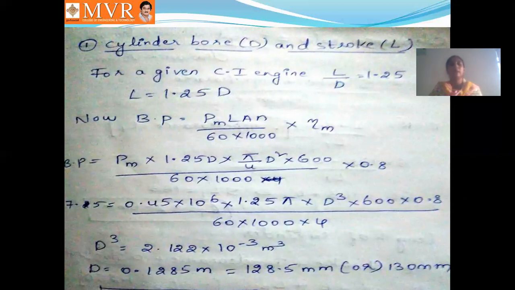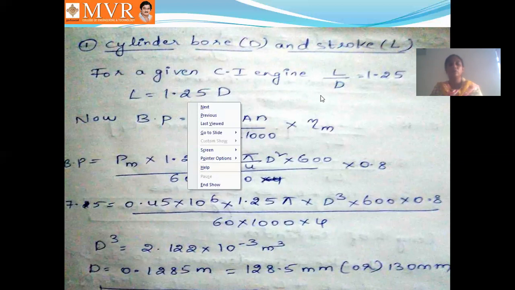Into the mechanical efficiency, which they have also given. P_m into L, we can write as 1.25 D. The area we calculate as pi by 4 D square. Small n, the number of strokes, they have given as 600, by 60 into 1000 into 0.8.